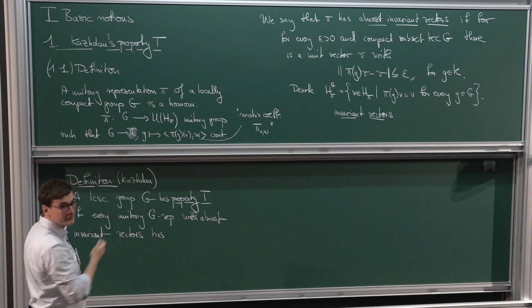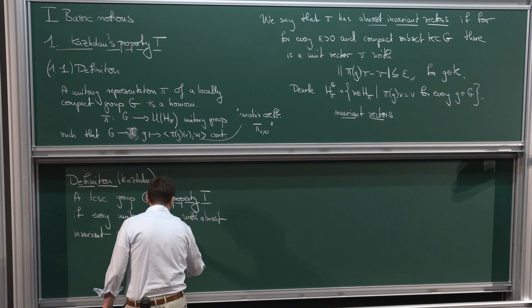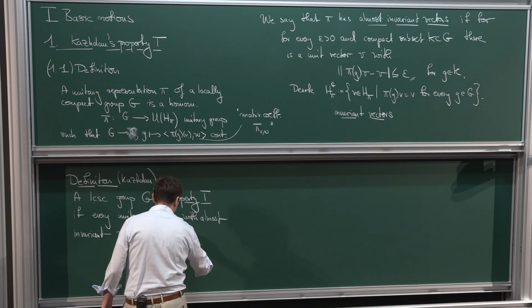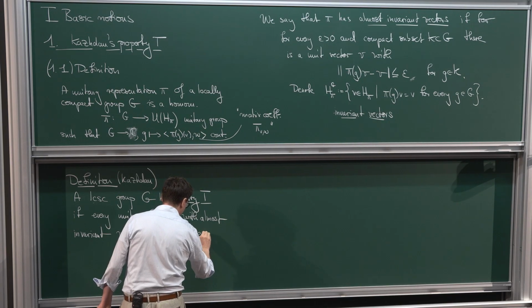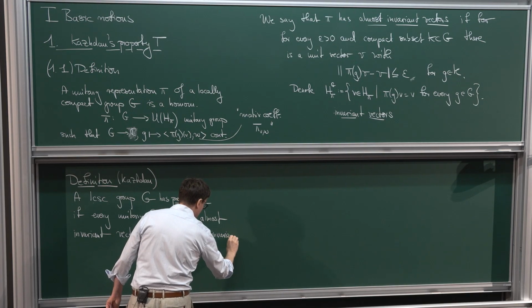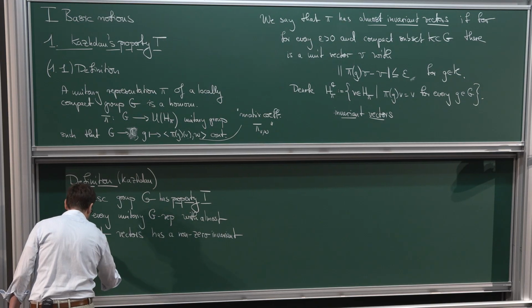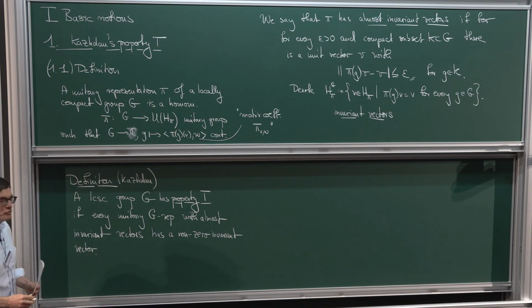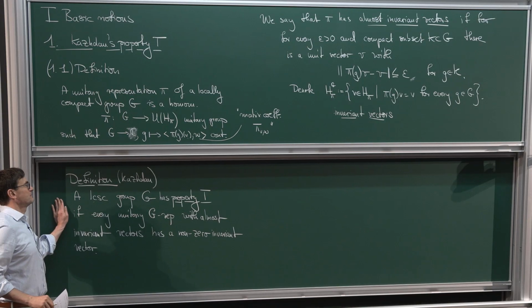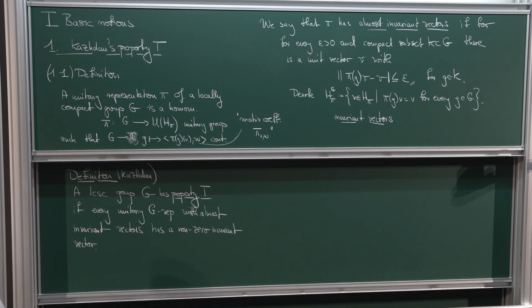And OK, 0 is always an invariant vector. What I mean is, of course, a non-zero invariant vector. And so it's some rigidity property: if something is almost satisfied, then it's actually rigidly satisfied.